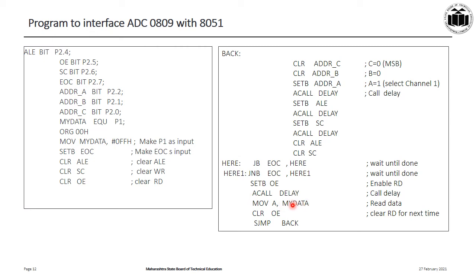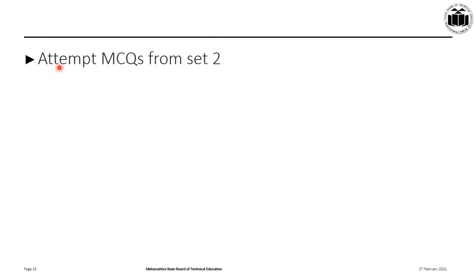So data is moved from port, that is MYDATA, to accumulator, and again OE is cleared, and for the next conversion we jump back. So this is the program for interfacing of 0809 ADC to microcontroller. Students can now attempt MCQs from set 2.